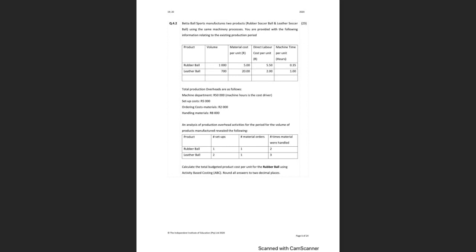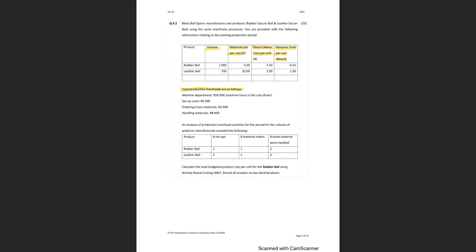All right, so it says in question 4.2, Beta Ball Sports manufactures two products, a rubber soccer ball and a leather soccer ball, using the same machinery processes. You are provided with the following information relating to the existing production period, and they've given you the volume, the material cost per unit, so that's your direct material, the direct labor cost per unit, and then the machine time per unit in hours. They also said to you that total production overheads are as follows.